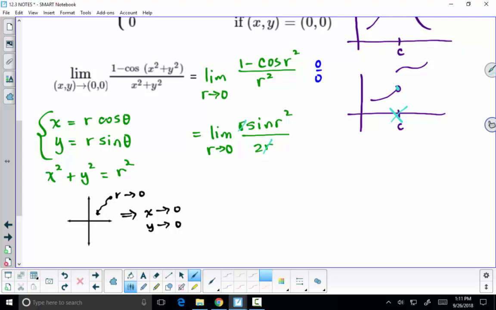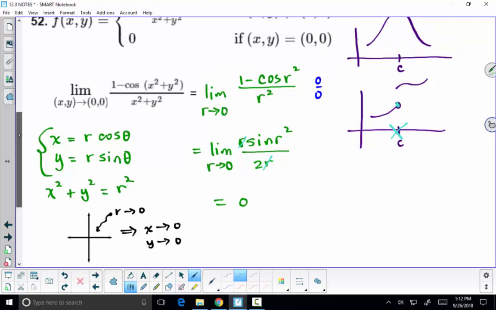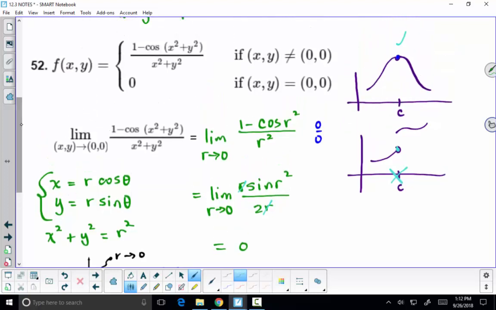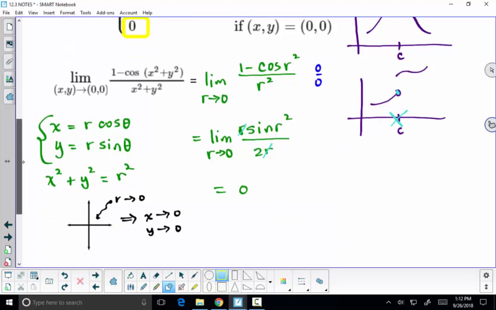And what is that limit? Everybody agree? Sine of 0 is 0. So we've now created a fraction that is defined at 0. That means that the limit of this expression here is 0. So now we have that the value of the function is 0. That's the value of the function at the origin.